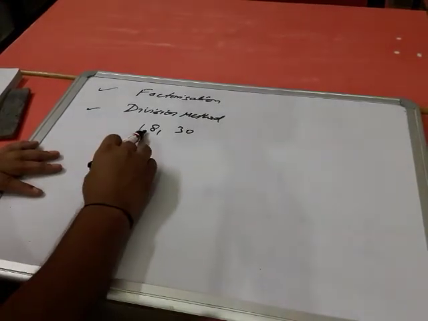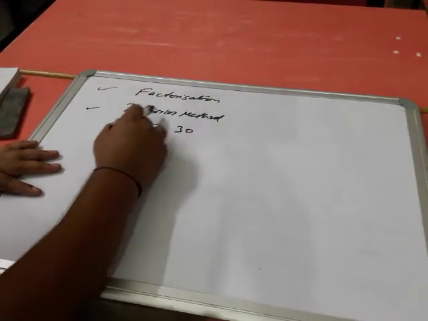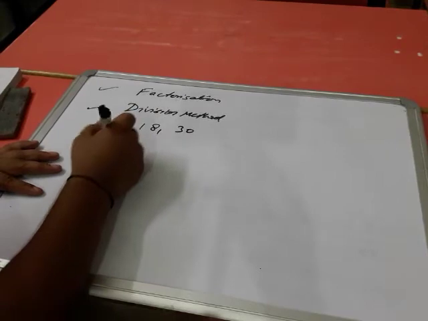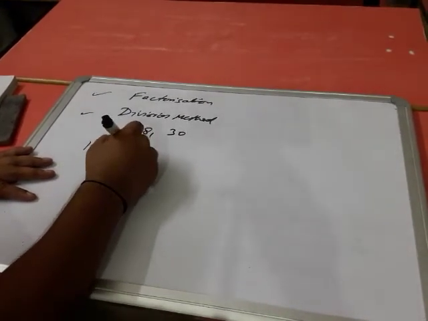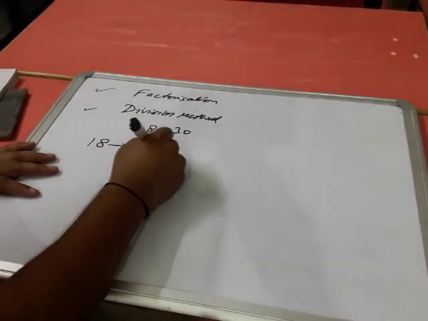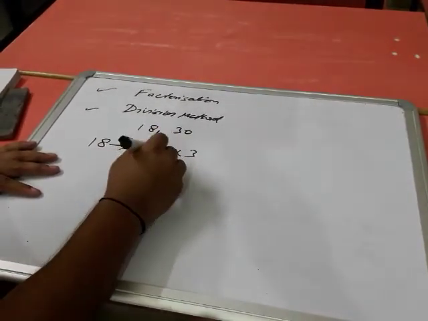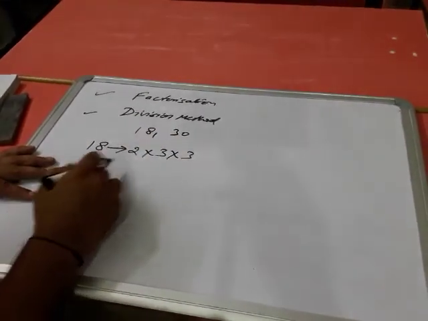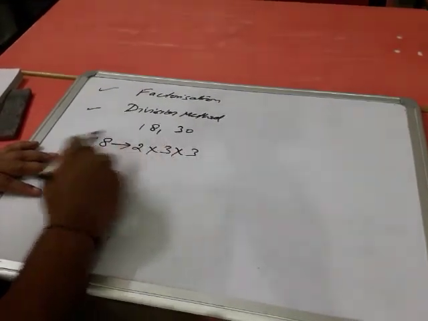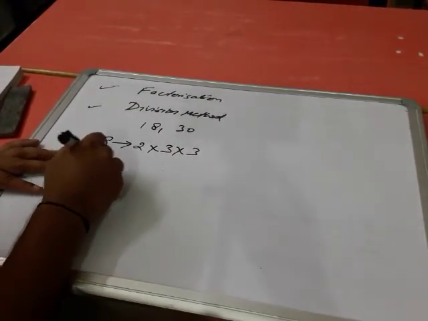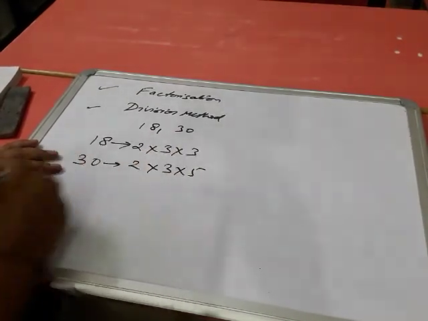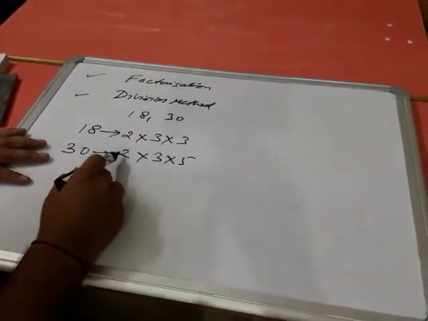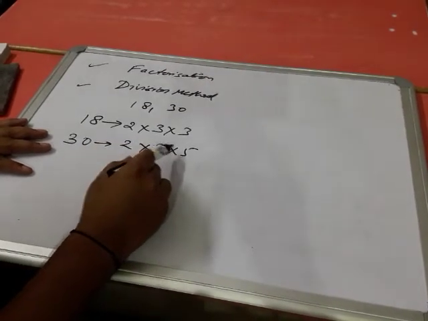We will find it by both methods. Factorization means we find the prime factors of 18: 2 multiplied by 3 multiplied by 3. 2 threes are 6, 6 threes are 18. And the prime factors of 30: 2 multiplied by 3 multiplied by 5. Let us check: 2 threes are 6, 6 fives are 30.